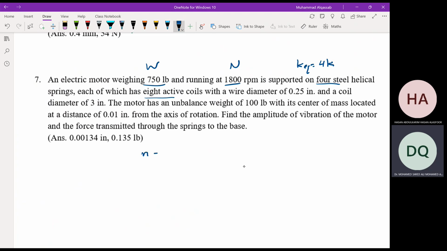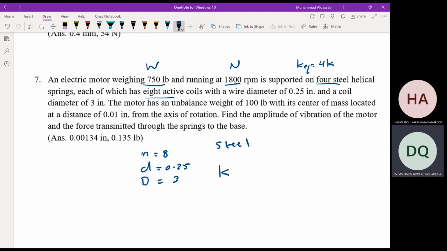So we have N equal to 8, with wire diameter, small d, equal to 0.25, and a coil diameter, capital D, equal to 3 inch. And it is made of steel.